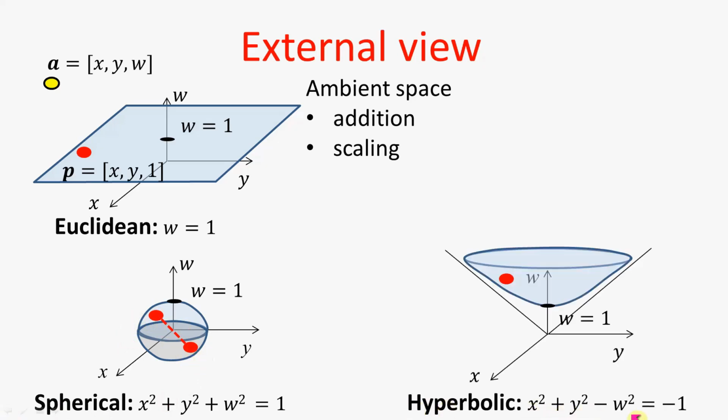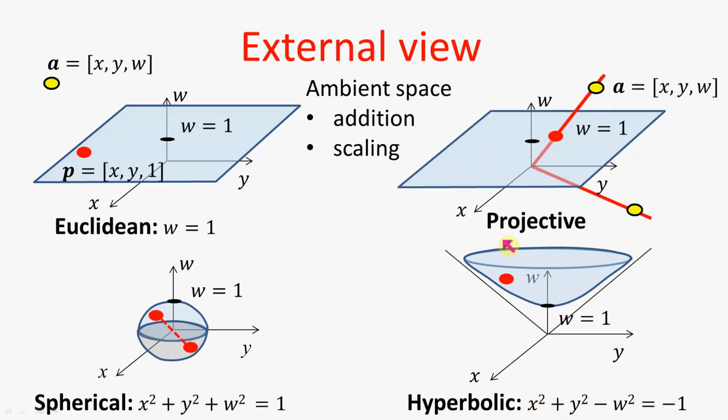Hyperbolic geometry can also be embedded in this three-dimensional ambient space as a one-sheet hyperboloid having the following equation. And finally, we can also embed the projective plane into this three-dimensional ambient world.